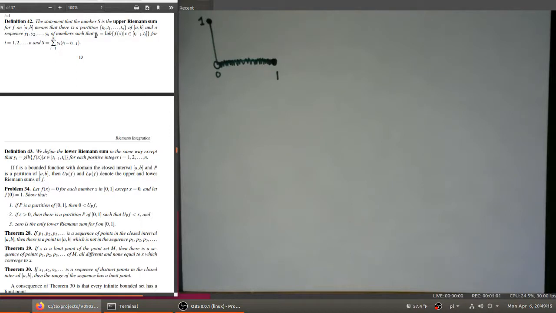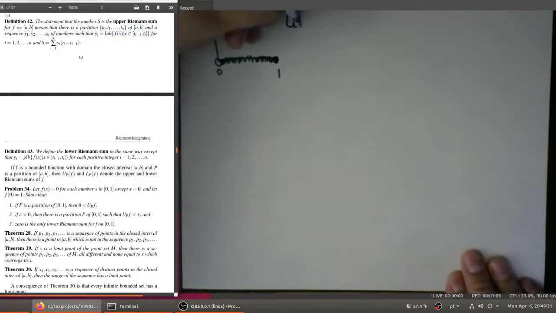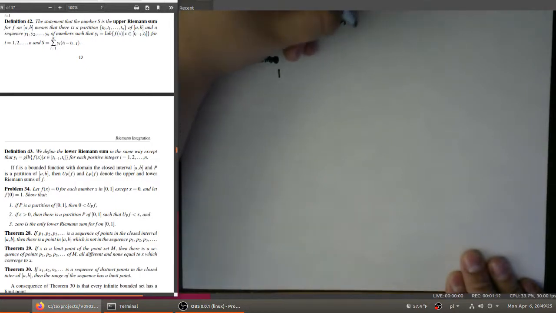It comes down to these y_i's. When we make our partition, let P equal t0, t1, and so on, all the way to tn. So let that be a partition of the interval [0, 1].